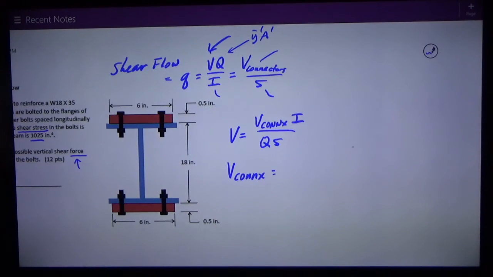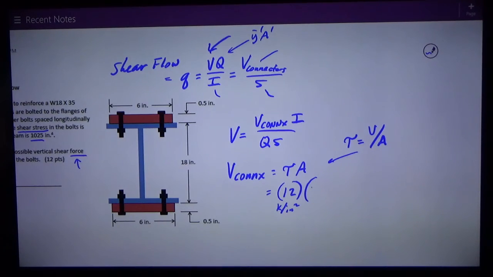So I'm going to use the fact that tau is equal to V over A, because it said it's average shear stress, rearrange that, and say per bolt, each bolt is good for a shear force of tau times A.